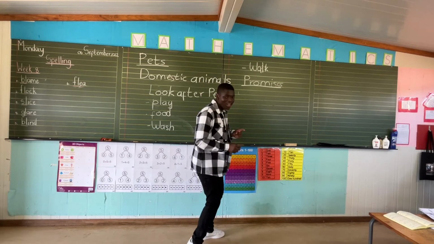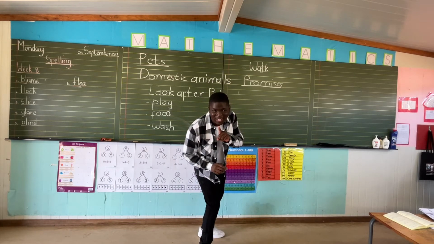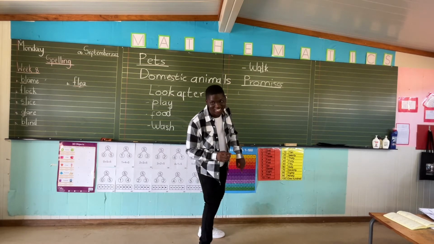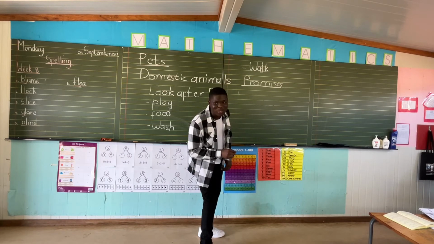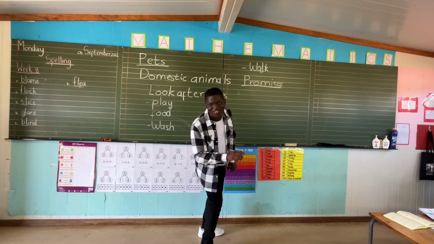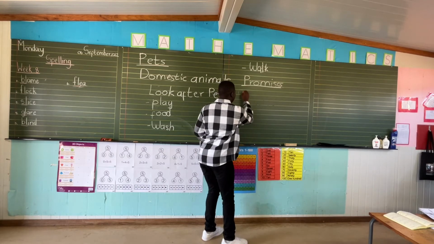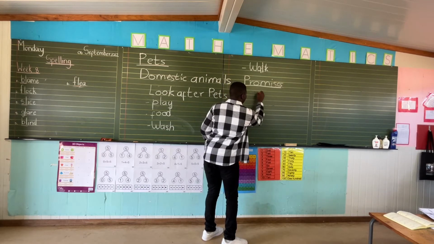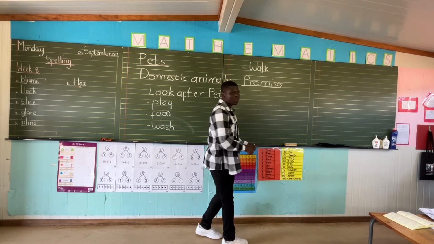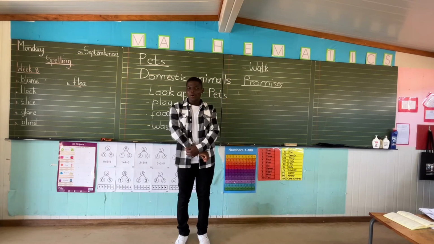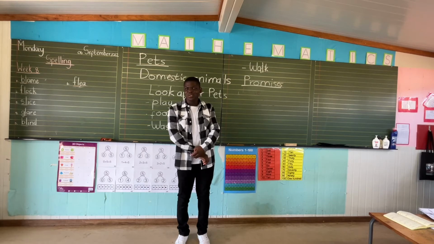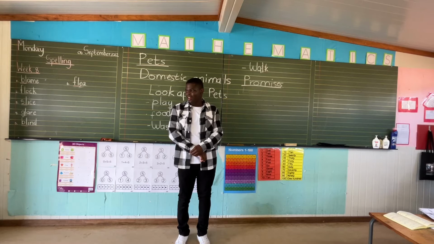So, first promise. We need to show our pets love. Do you know love? Yes, we need to show our pets love. So we're going to say, I promise to show my pet love. Let's say that together. I promise to show my pet love.